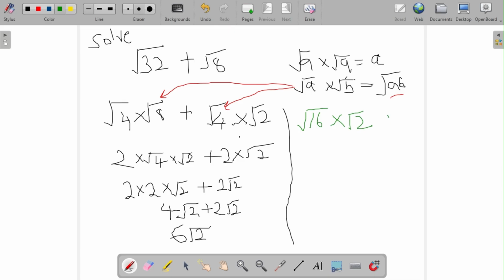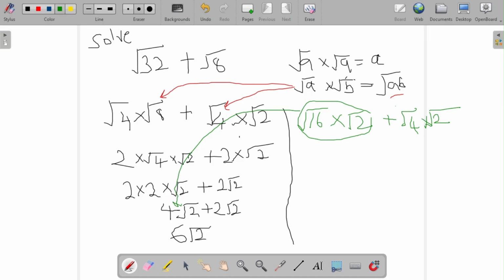Then plus root 4 times root 2. So when you solve this, of course, this gives you exactly the answer you have here.